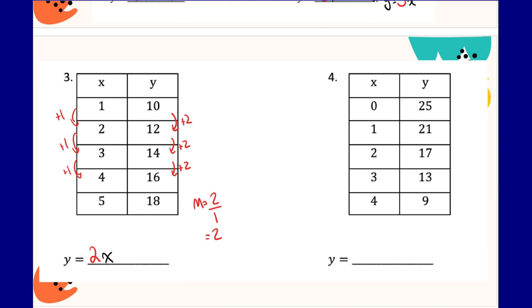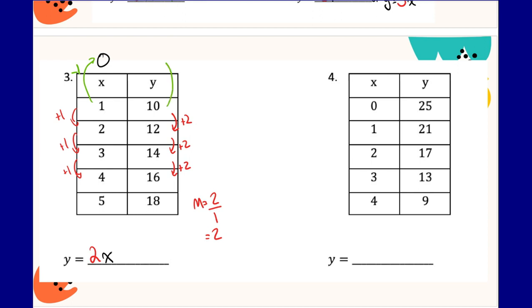You could look at the pattern and say, okay, well, if I'm increasing by 2 every time, what would happen if I go backwards? Because I'm looking for x equals 0. That's only one spot back from 1. So what would the y value be when I go back by 1 position, so I'm subtracting 1?